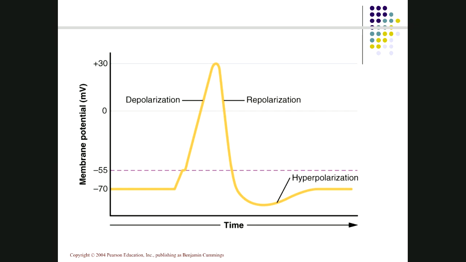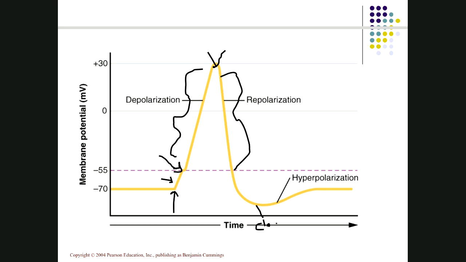Right here is the stimulus. Right here, that's our graded potential. Right there is where the voltage-gated sodium channels open. Here is where sodium is rushing in. Here's where they close. Here's where the potassium channels open. Here's where potassium is rushing out. Here's where they close.